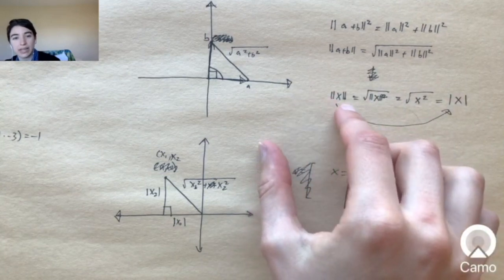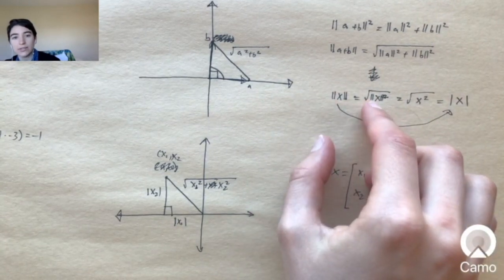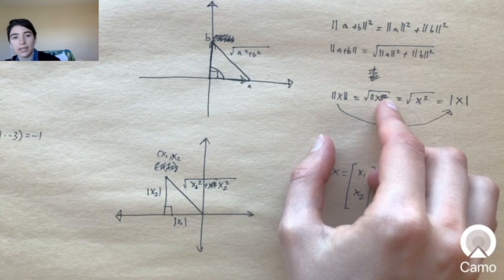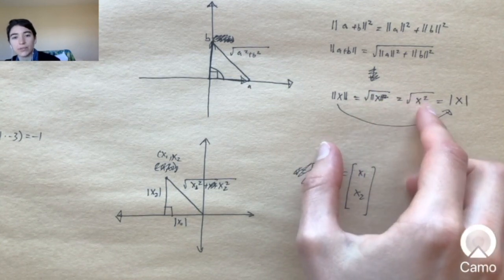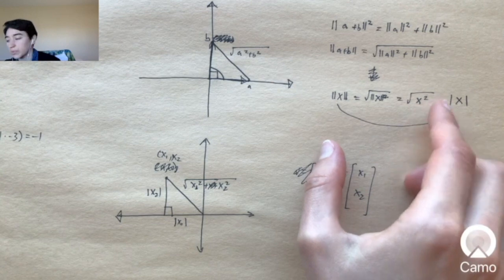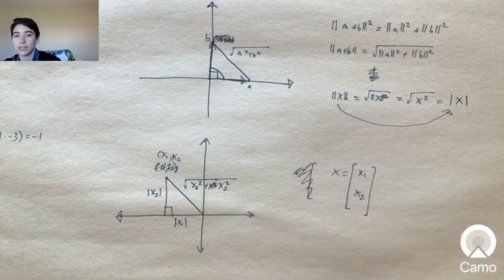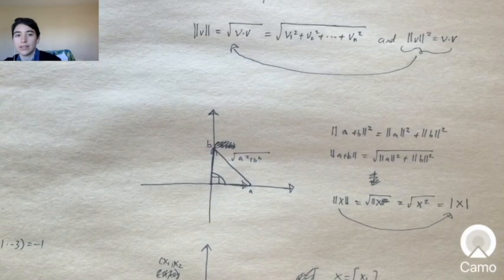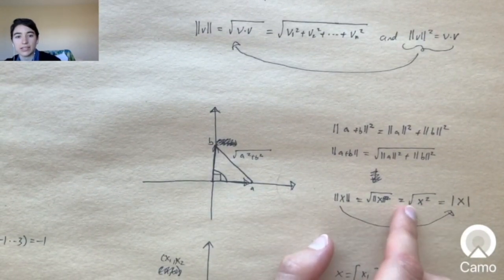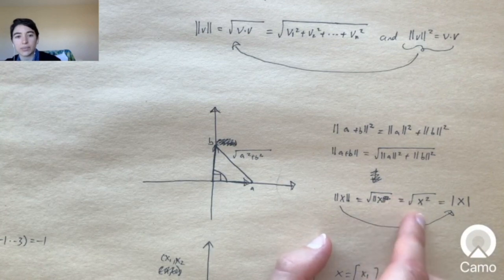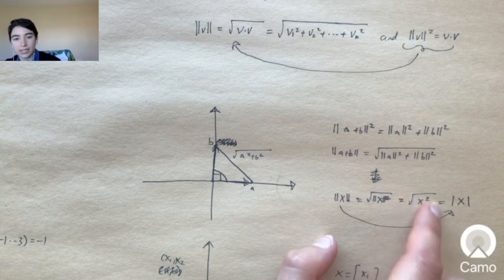The magnitude of x is equal to the square root of the magnitude of x squared, which is equal to the square root of x squared, because of the formula for the magnitude. It's just the first element itself, and this comes out to be equal to this.